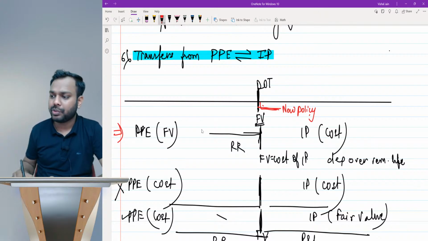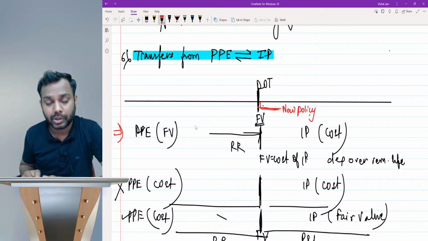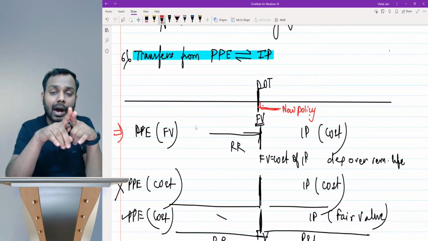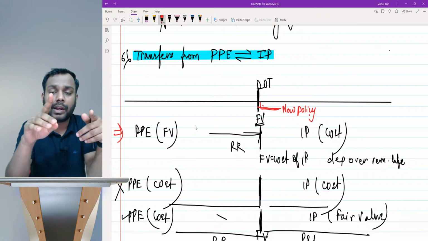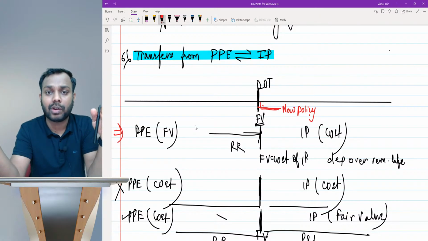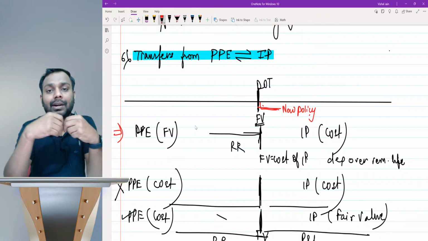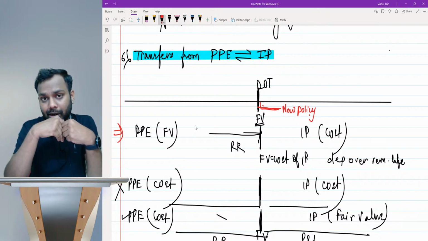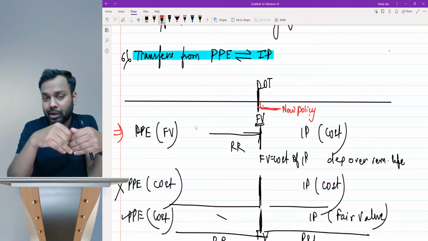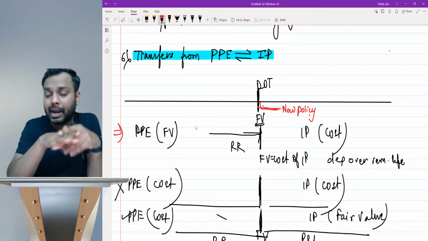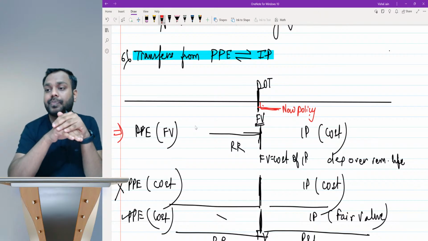See, that is a choice which the company has to opt for. Will I transfer RR to RE over the period, or at the end of the disposal of the asset? That is at the discretion of the entity. The question will specify that clearly, so don't worry about that.